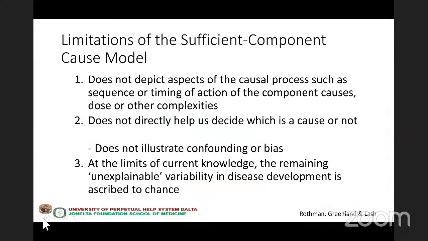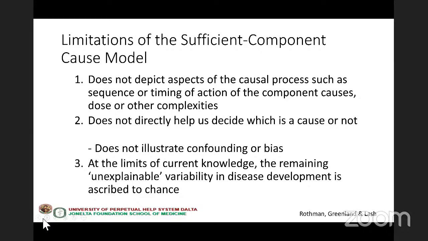What are the limitations of the sufficient component cause model? It does not depict aspects of the causal process, such as sequence or timing of action of the component causes, dose, or other complexities. It does not directly help us decide which is a cause or not, and is not able to illustrate confounding or bias. Again, what are confounders and bias?